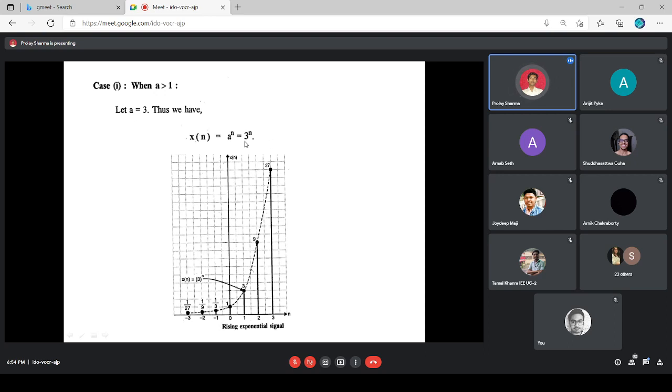So amplitude is 1, n equal to 1, 3, n equal to 2, that is 9, n equal to 3, that is 27. So amplitude is increasing in an exponential way. For fractional values of n, we will get these values. So the signal is basically changing this way exponentially. When a is greater than 1, the shape of the signal is like this.